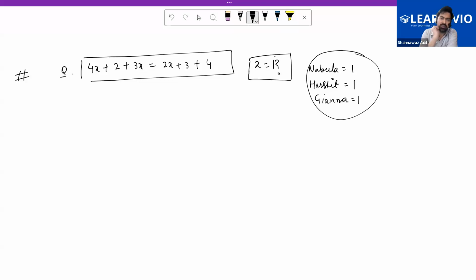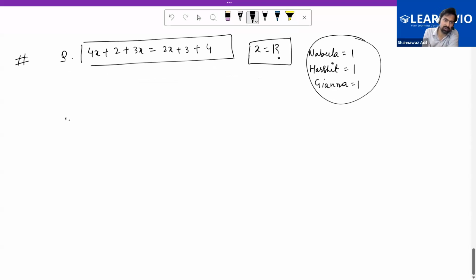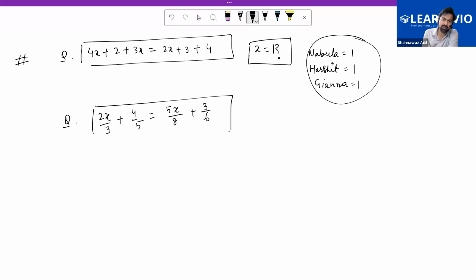I'm not solving this. So let's complicate this question. Then we have 2x by 3 plus 4 by 5 equals 5x by 8 plus 3 by 6. Now solve this for x.